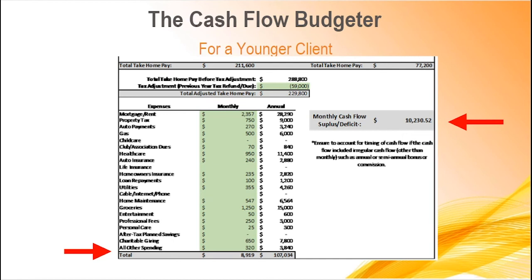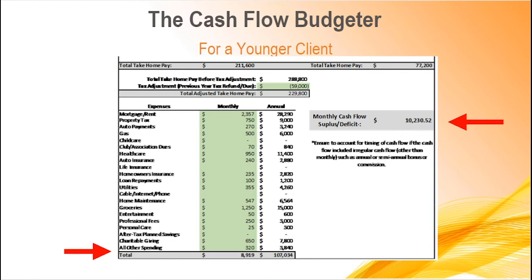And so what you can see with this client is they spend about $9,000 a month, or about $107,000 a year. And so what it does over in the right-hand side is it creates what their monthly cash flow surplus or deficit is. So this client actually has a monthly cash flow surplus of $10,230.